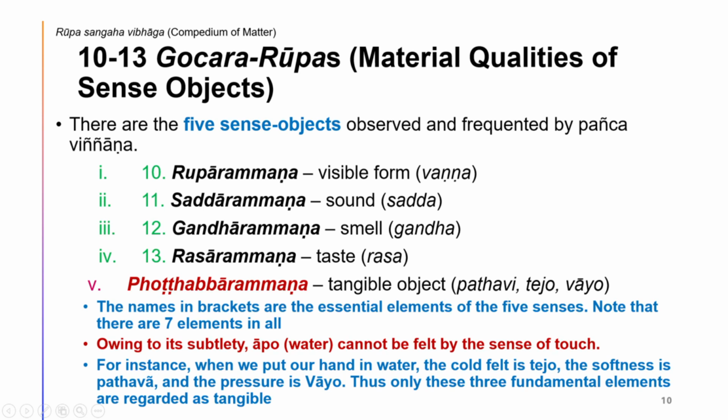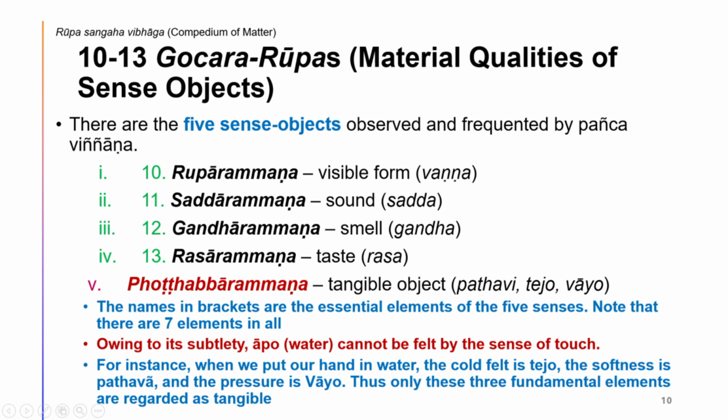So that's the reason. That means the names in the brackets, you see all the names in the brackets are essential elements of the 5 senses. So altogether, know that there are 7 elements in all, if you consider all these: 1, 2, 3, 4, 5, 6, 7. Okay, so unfortunately this one, you don't have all the 4. If all the 4, then it is considered.